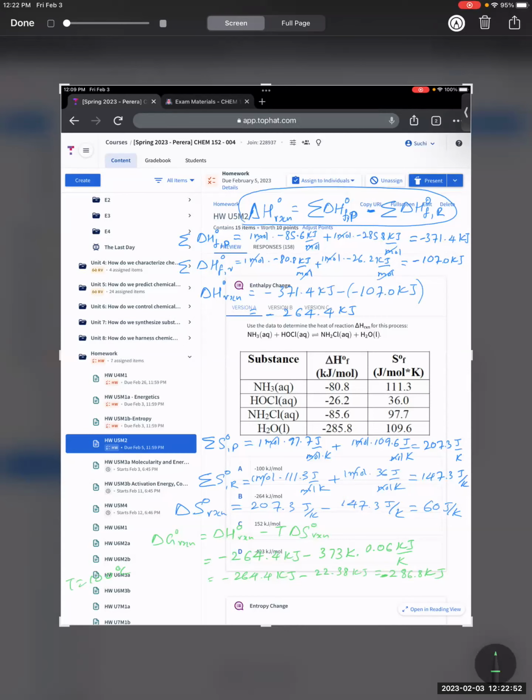Okay, so a negative value of 286.8 kilojoules for delta G. Now the next thing we can do with this, I wish I had more space here, so let's remember this value. The delta G was minus 286.8 kilojoules.